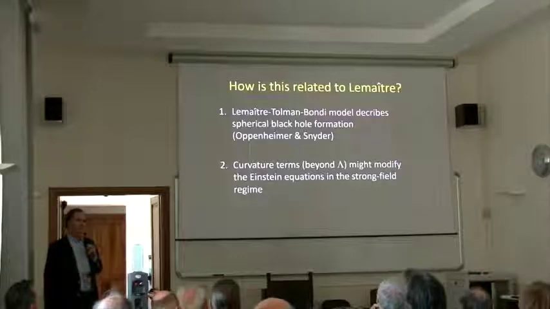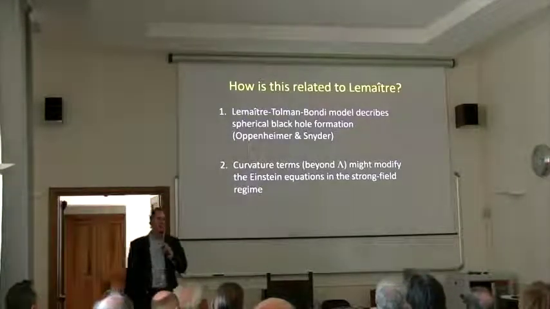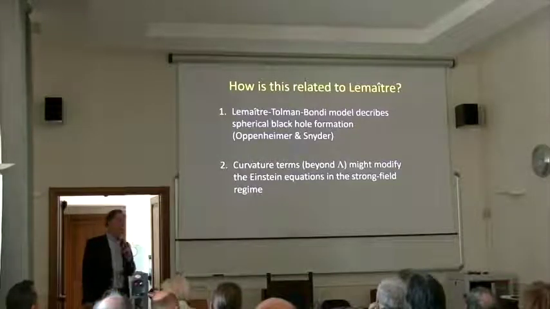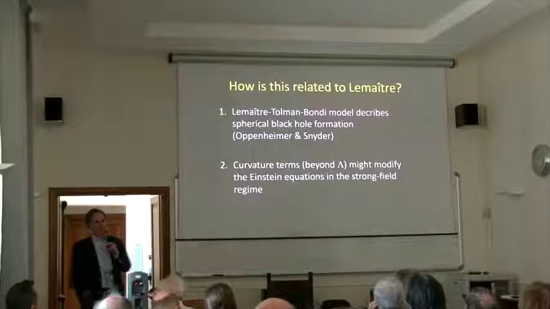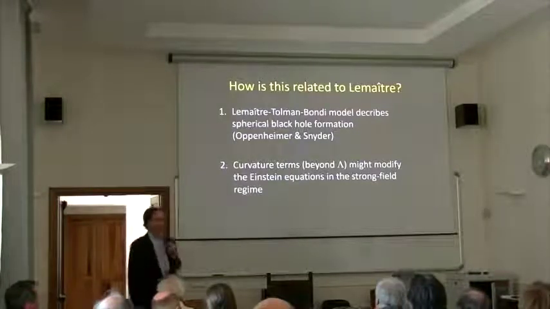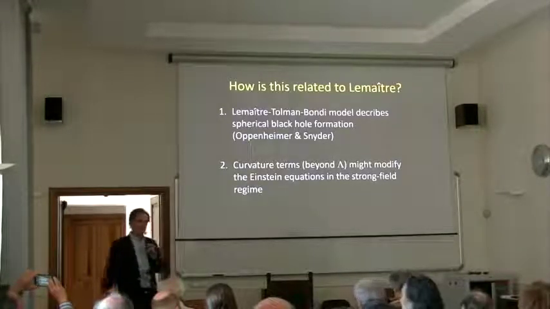Now, how is this related to Georges Lemaitre? Well, as has been mentioned this morning, Lemaitre, of course, produced several exact solutions, descriptions of the field equations of cosmology. And the Lemaitre-Tolman-Bondi solution, as we describe it now, was Lemaitre's.